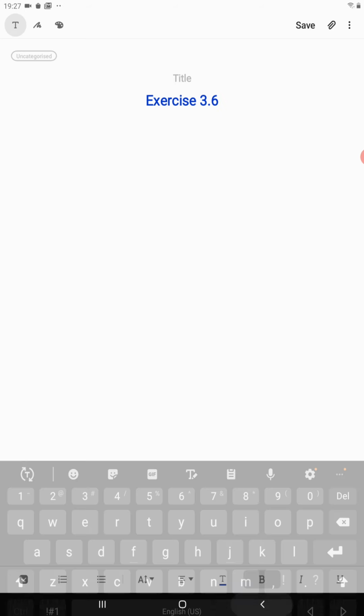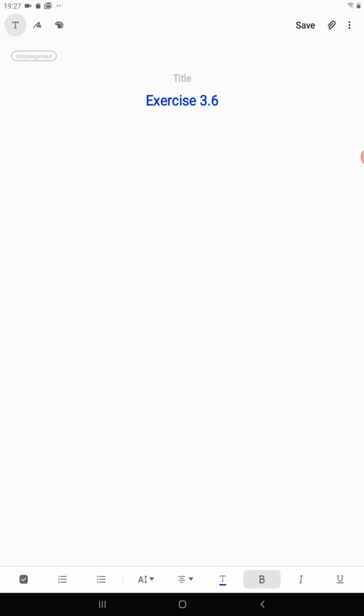My name is Sumit Mishra and our today's topic is exercise 3.6, CBSE class 10 exercise 3.6 mathematics. So we know all the methods how to solve the equation graphically as well as algebraically.